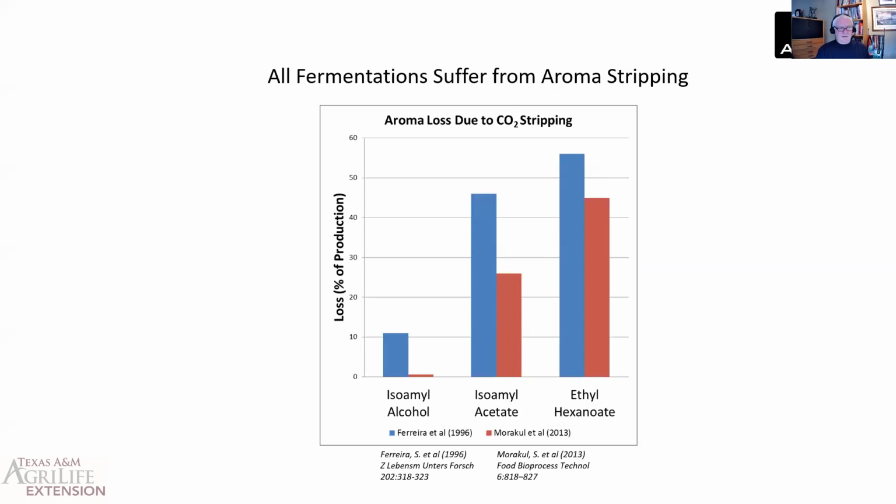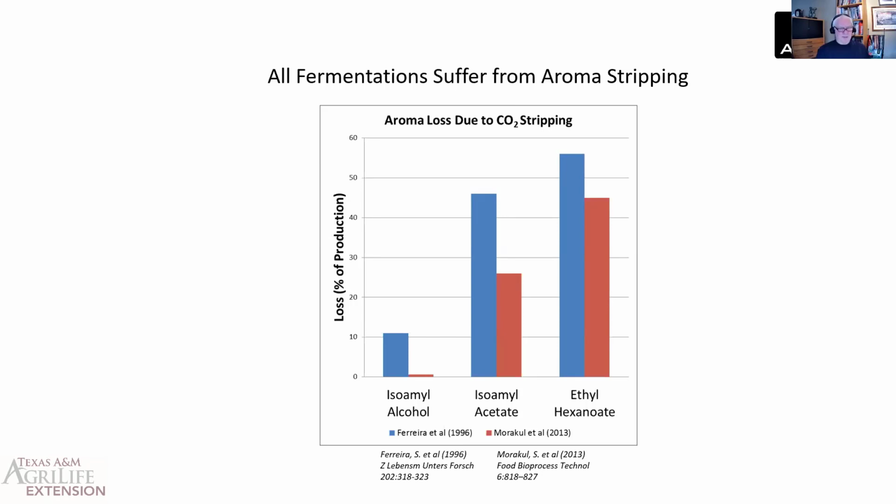He studied 3 groups of aroma compounds: an alcohol, isoamyl alcohol, an acetate ester, isoamyl acetate, and an ethyl ester, ethyl hexanoate. And he found the alcohol didn't decrease very much, and so the CO2 didn't blow it out very much.